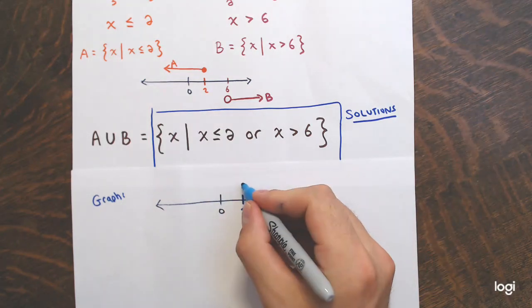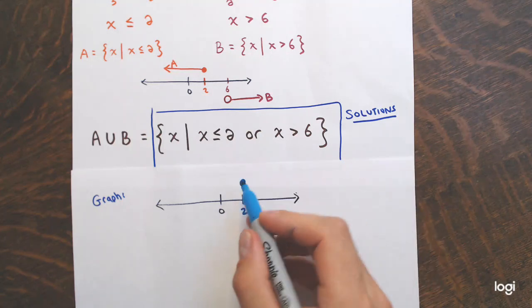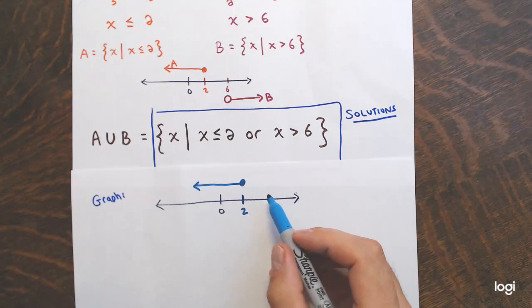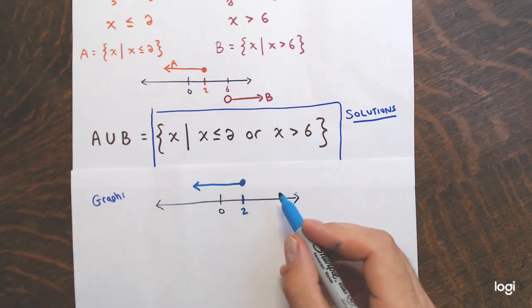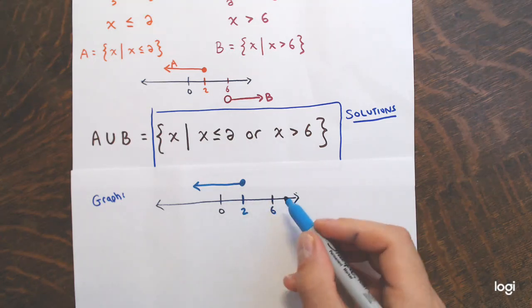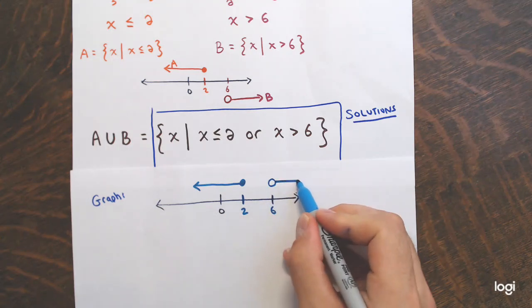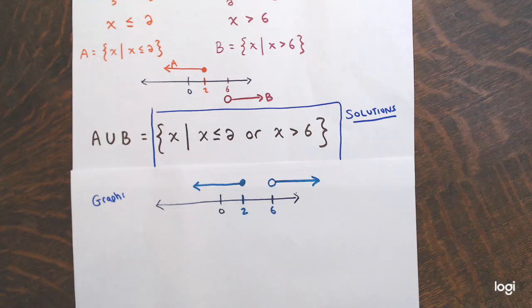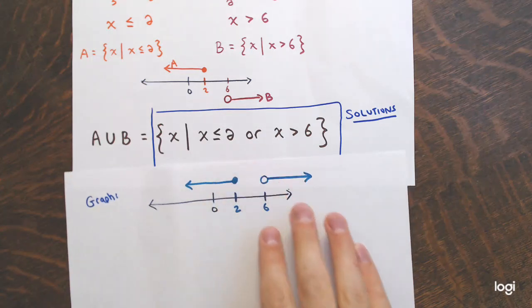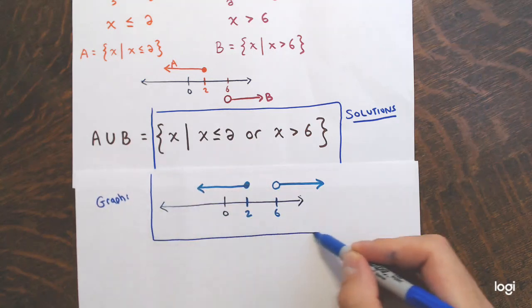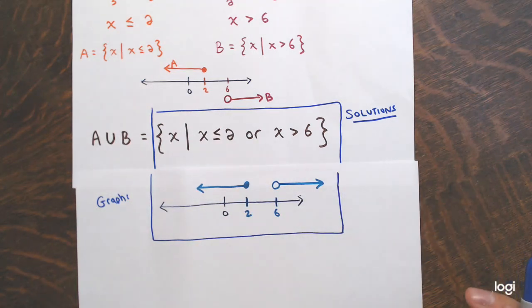So 2 is in there. And also all the numbers greater than 6, but not equal to 6, so I put an open point above 6 here. Here's a picture of the union of these two sets, a picture of all the solutions of the compound inequality that we started with.